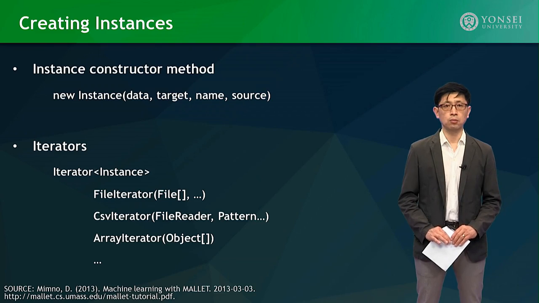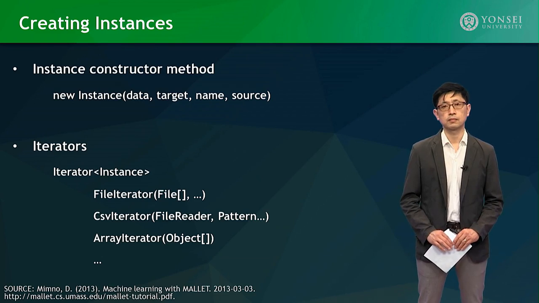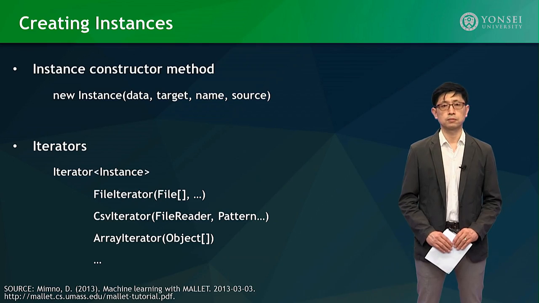Mallet takes care of it by an iterator of instances. Mallet implements several iterators, including file iterator, CSV iterator, array iterator, and so on. Which iterator to be used is determined by how the input data is formatted.